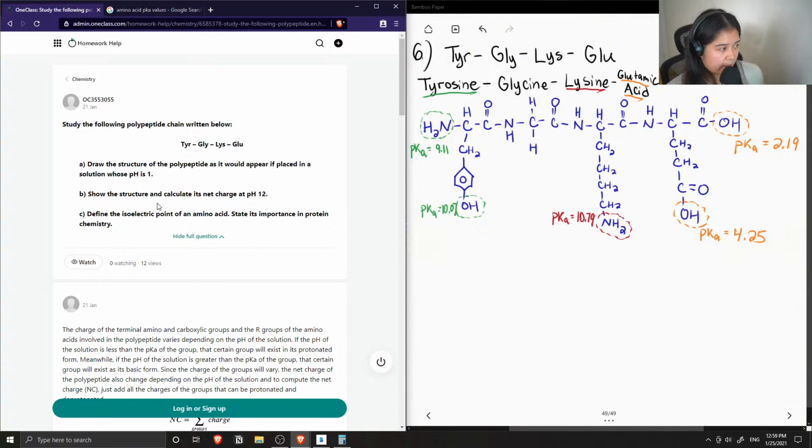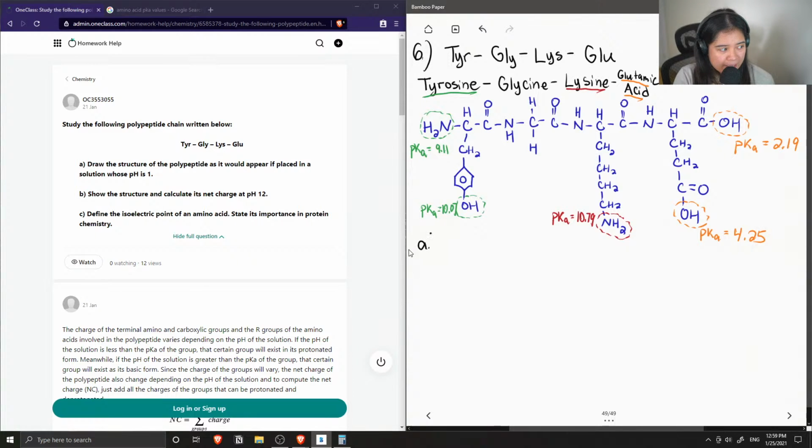So the first part is to draw the structure as it would appear if placed in a solution whose pH is 1. So that's a very low pH value. I'll just write down here that when your pH is less than your pKa value, then this tells us that the groups are protonated.